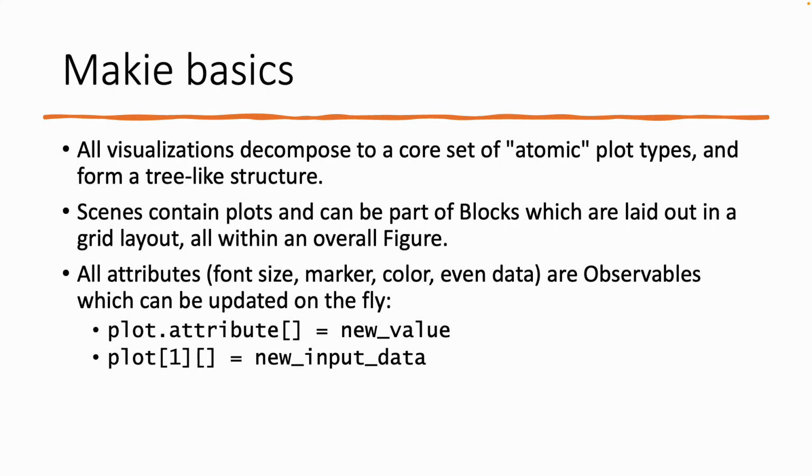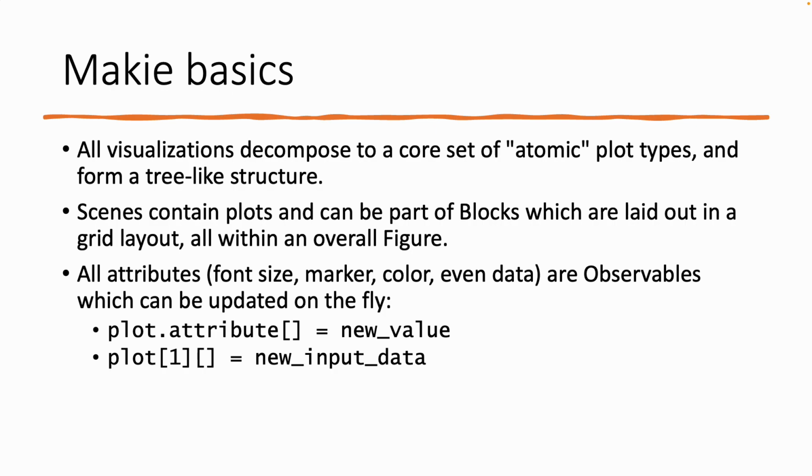Makie does the entire decomposition, sets up all the transformations, and tells them, okay, this plot has this transformation to go from its space to pixels and things like this. So a plot is basically something you can draw.